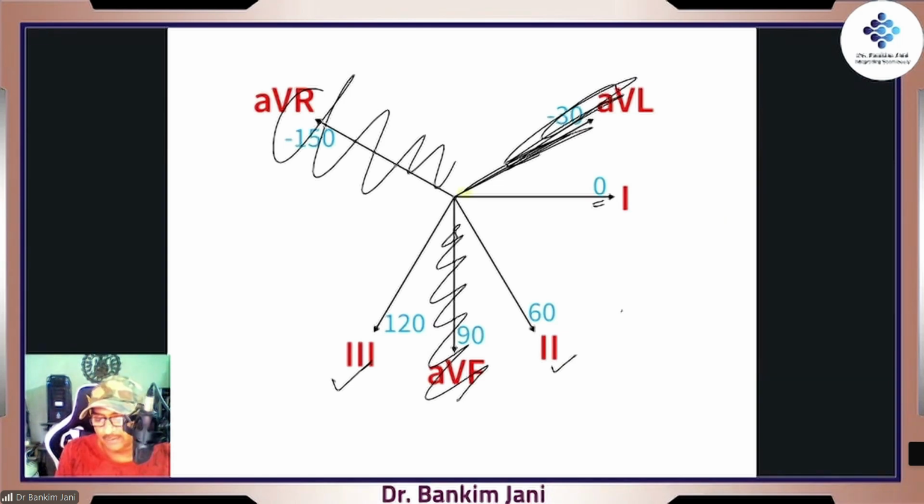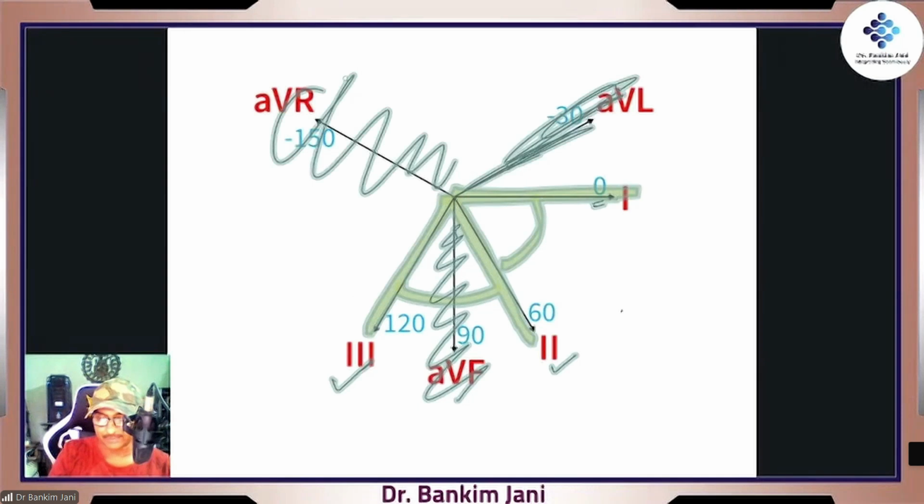This is 1. This is 2. And this one is 3. They are 60 degrees up. 60, 60. Right? This is 60. This is another 60. Right? So that is 1, 2, and 3. And these are the angles. Okay. Now I remove this.